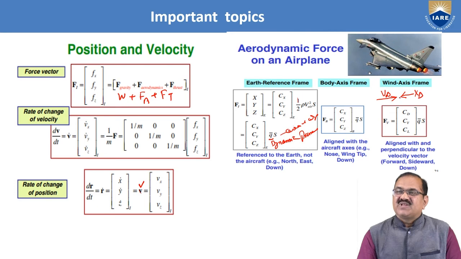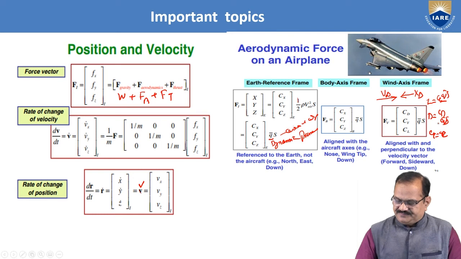Then there will be C_D, the coefficient of drag, C_Y the coefficient of side force, and C_L the coefficient of lift. This coefficient of lift multiplied by q bar S becomes lift. So lift is equal to C_L q bar S. D is equal to C_D q bar S. Like this, the side force is equal to C_Y q bar S.